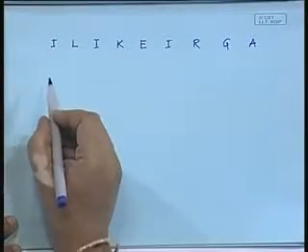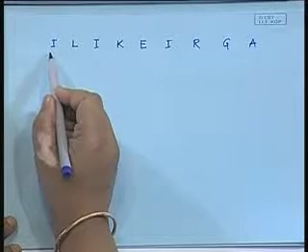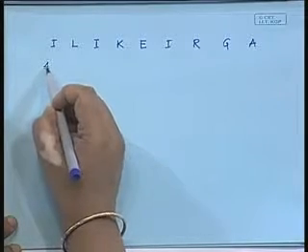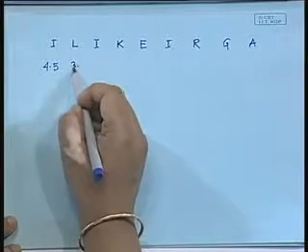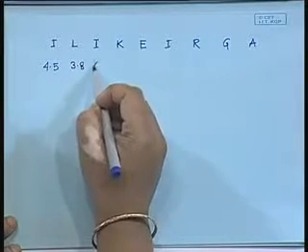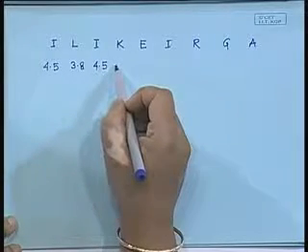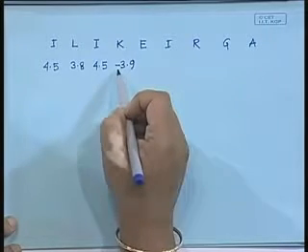The first thing that I do here is I add the value for isoleucine. The value for isoleucine is 4.5, the value for leucine is 3.8, isoleucine again 4.5, lysine is minus 3.9. Why is it minus?